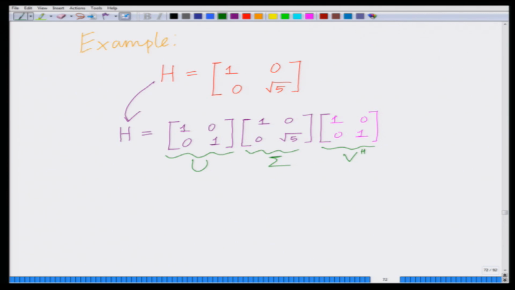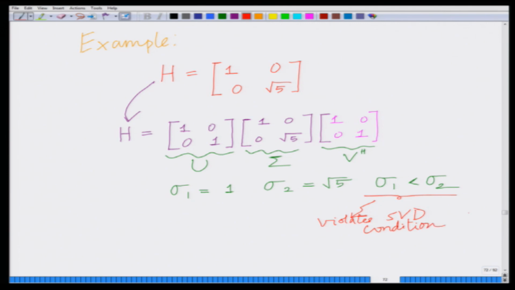It satisfies all the properties of the singular value decomposition, except look at this: sigma 1 equals 1 and sigma 2 equals square root of 5. Therefore, sigma 1 is less than sigma 2, and this condition violates the SVD property, because remember the singular values have to be arranged in descending order of magnitude, so sigma 1 has to be greater than sigma 2.